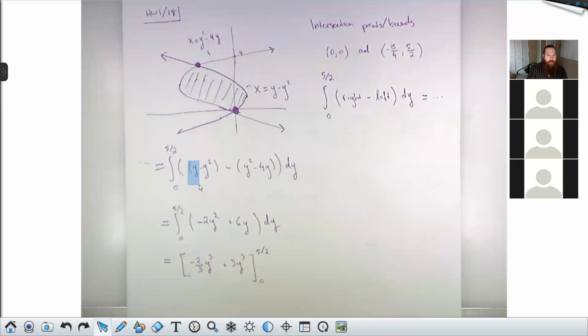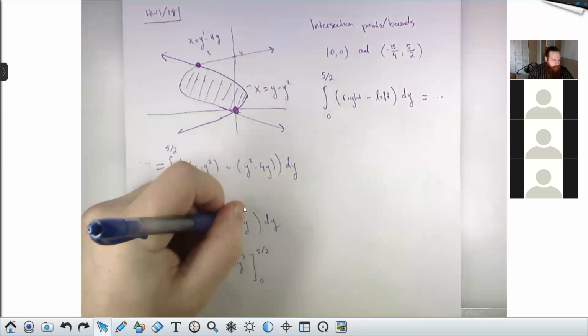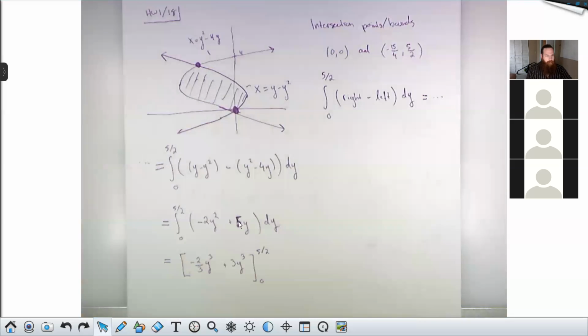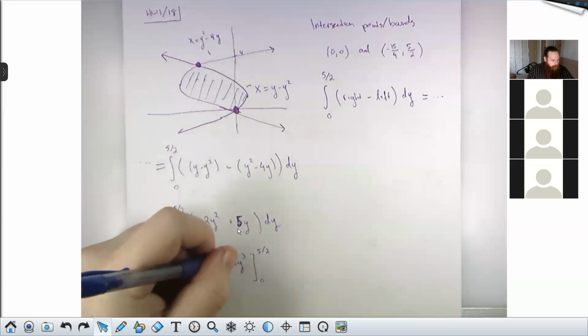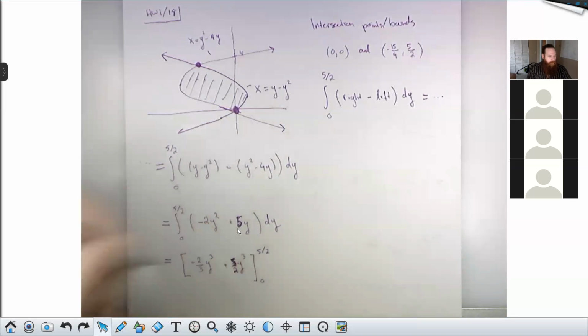Well, I have 1y here. Oh, it should be 5 plus 4y. Yeah, I'm sorry, this should be 5y. Getting ahead of myself. So then this will be 5/2. Yes, you're correct.